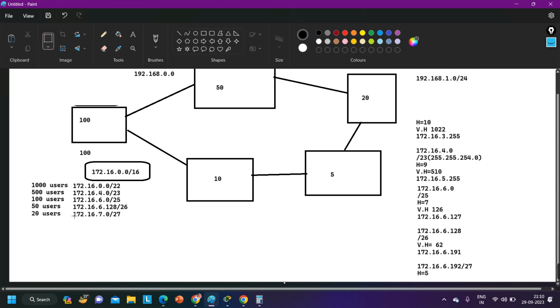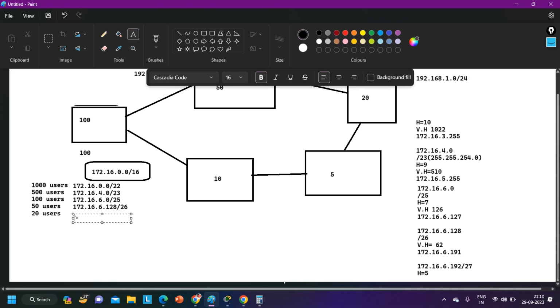Here only one mistake is there, right? 6.192 slash 27. Is it clear to all?